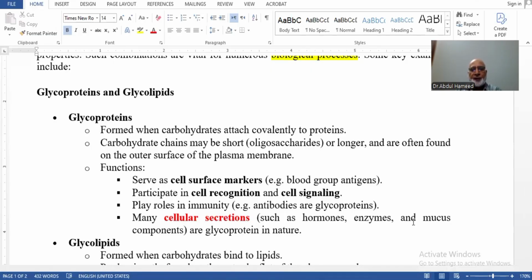They participate in cell recognition and cell signaling, and play a role in immunity. For example, antibodies are functionally glycoproteins in nature.